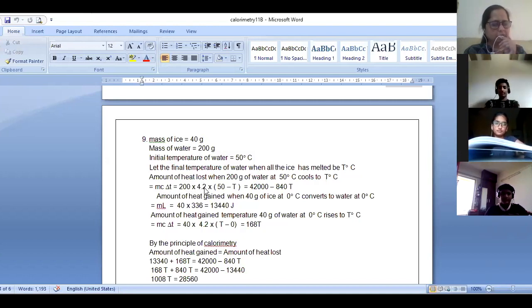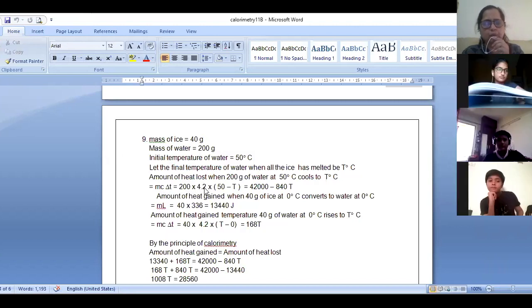Children, the specific heat capacity of water is given as 4200 joule per kg. Please remember that the specific heat capacity of water in grams is 4.2, so I convert it and take it as 4.2. You have to remember this for water.